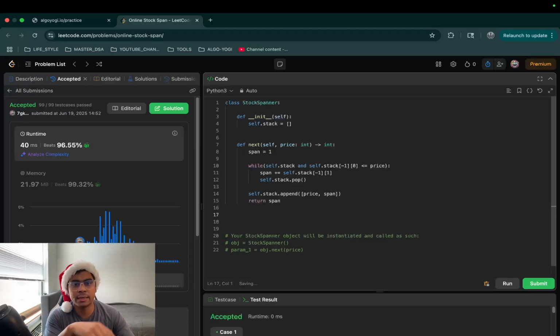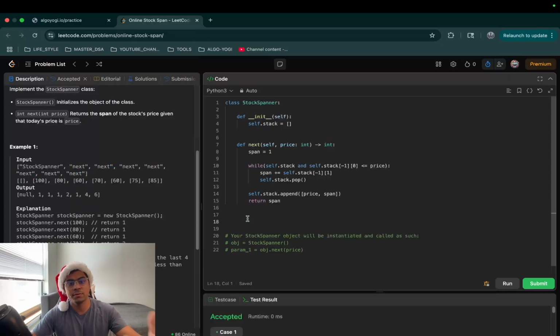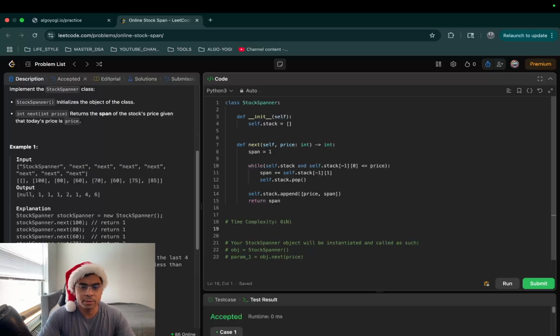Well, for the entire algorithm, where all of this input is given to us, where there are n number of next calls asking us for the spans of all the n number of stock prices or days or whatever, the time complexity will be big O of n, which is linear time complexity. How about space? Well, space is also the same, big O of n space complexity.